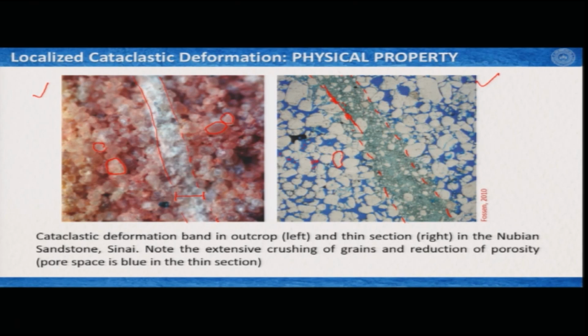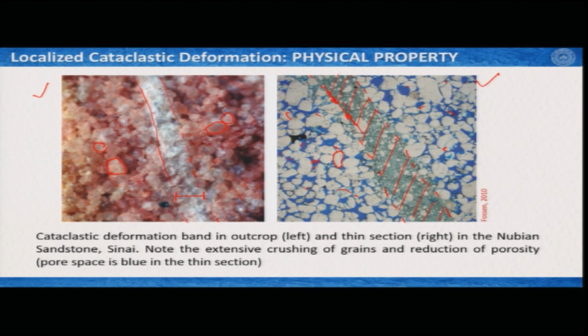And again this is a very narrow zone along which the entire deformation is accumulated. The rest of the area of this section is virtually undeformed and not affected by the deformation at all.